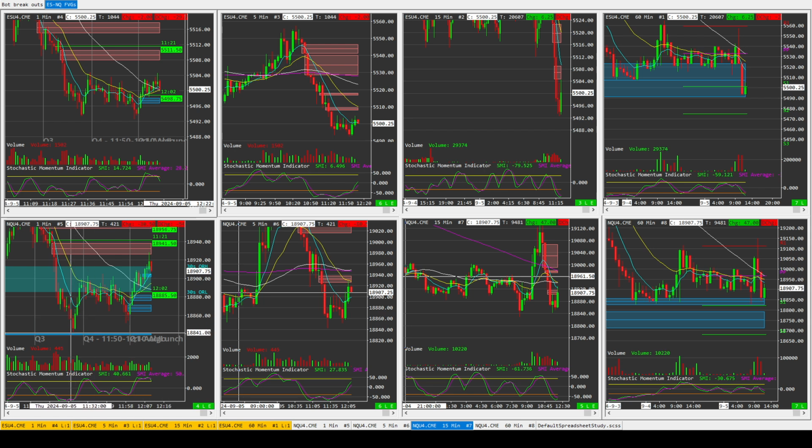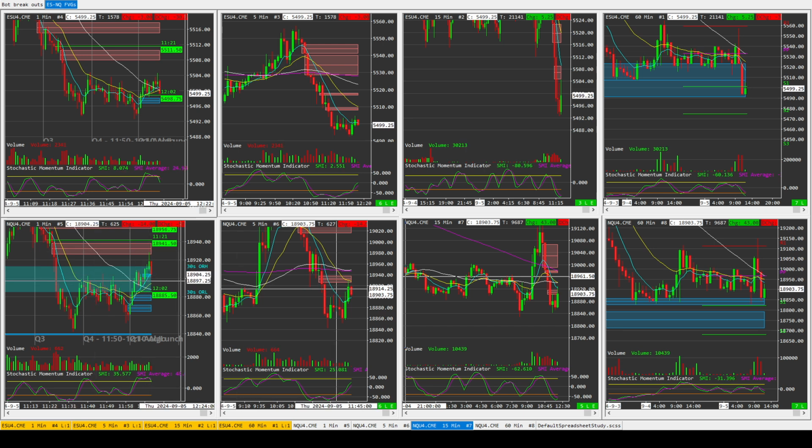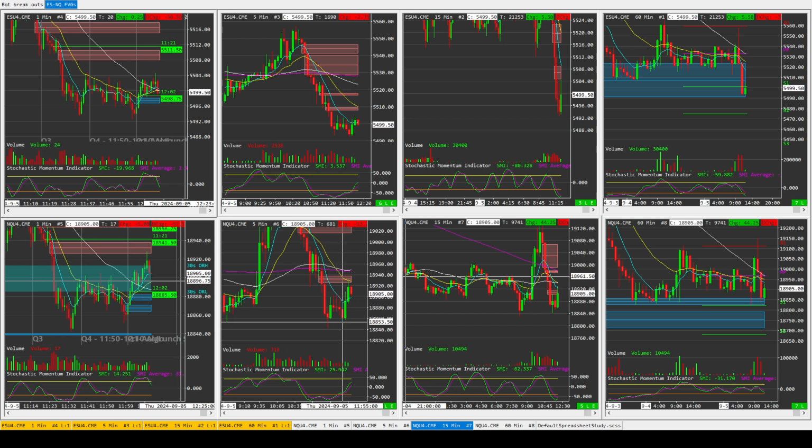So 1 minute we have this lower low, we have a high, we have a higher low, right? And then we have a higher high. On the 5 minute, we have a low, we have this high right here, higher low, higher high. So you could say that this is reversing now.